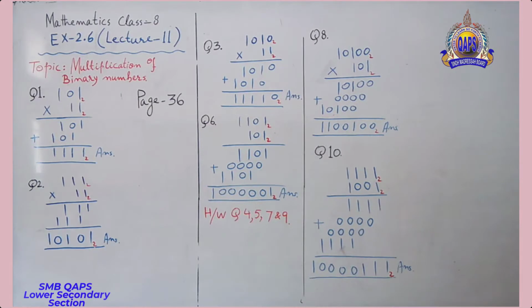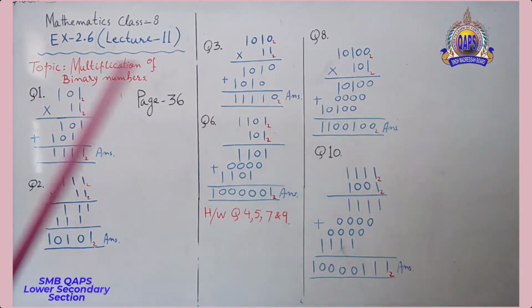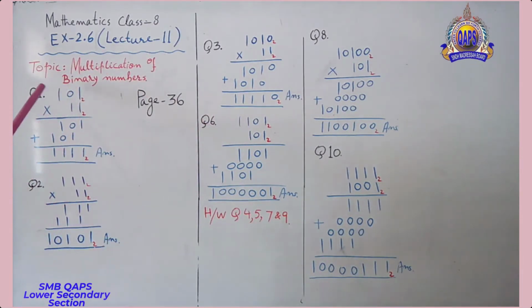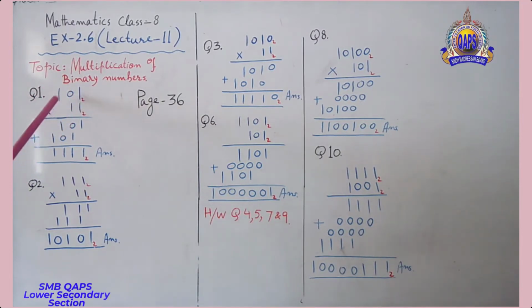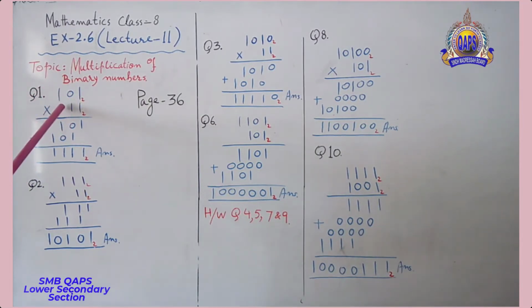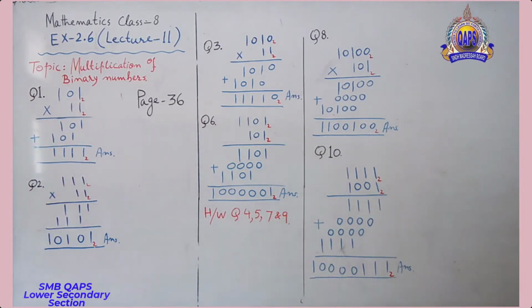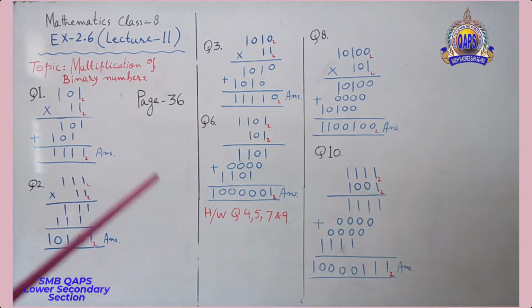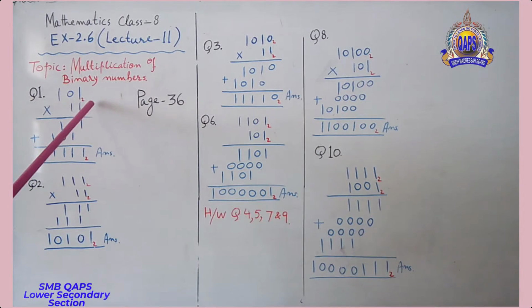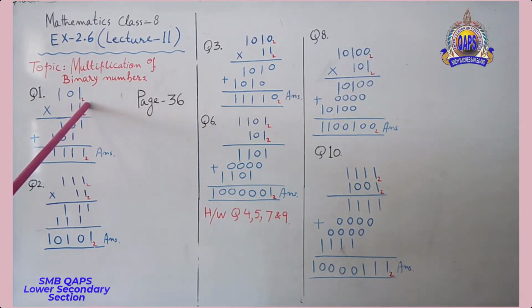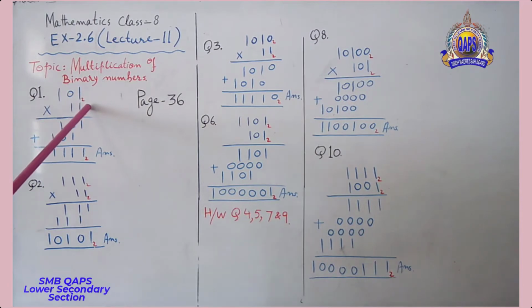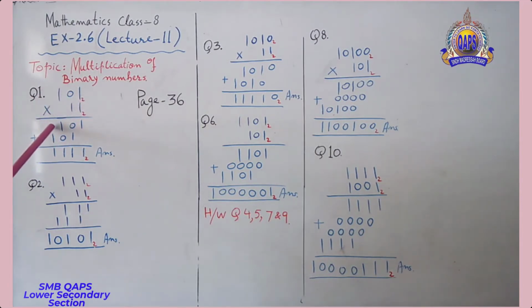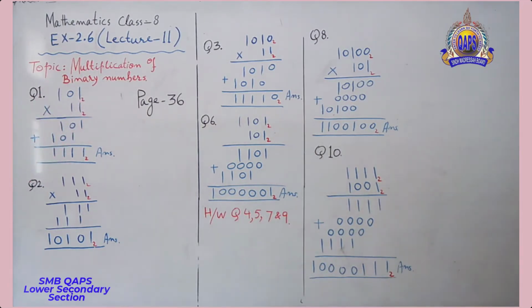Now, question number 1. 101 multiplied by 1. First of all, multiply by 1 to 101. Because we are multiplying by 1, so it will be 101.